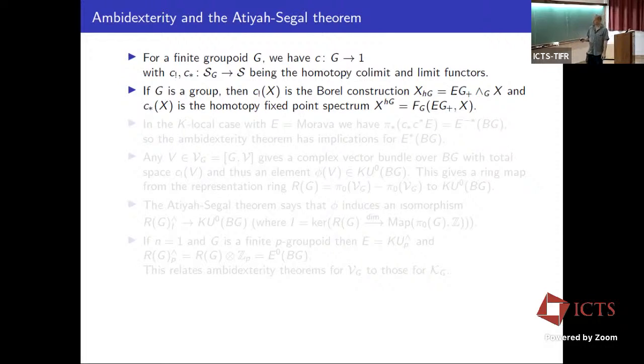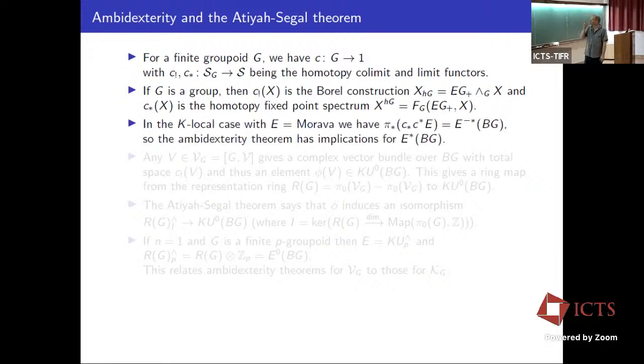A kind of interesting thing that we have here is that you can look at the homotopy groups of C lower star, C upper star E. C upper star E is just E with trivial G action, and C lower star, C upper star E is the homotopy fixed points.